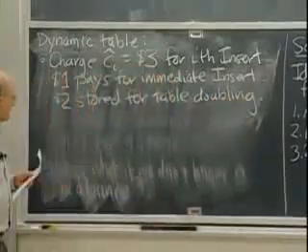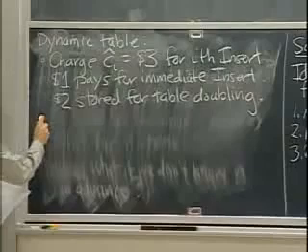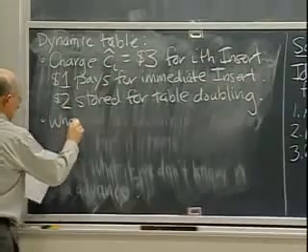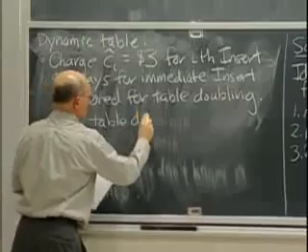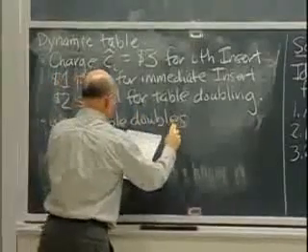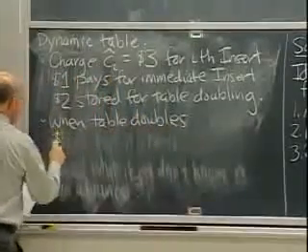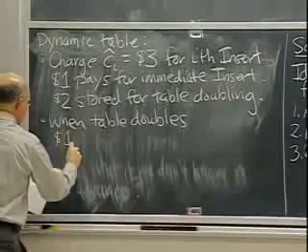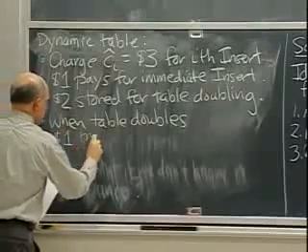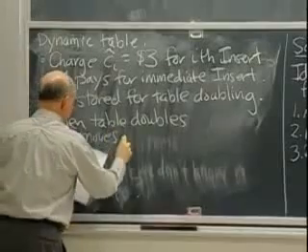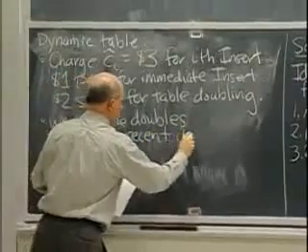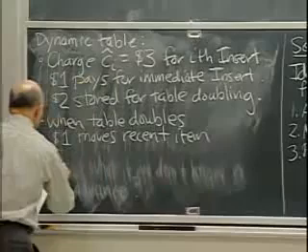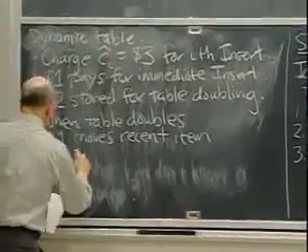Okay. When the table doubles, of the stored dollars, we'll use $1 to move a recent item, I'll call it, and $1 will move an old item.